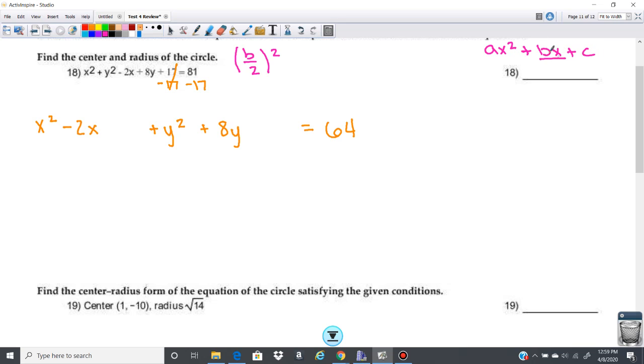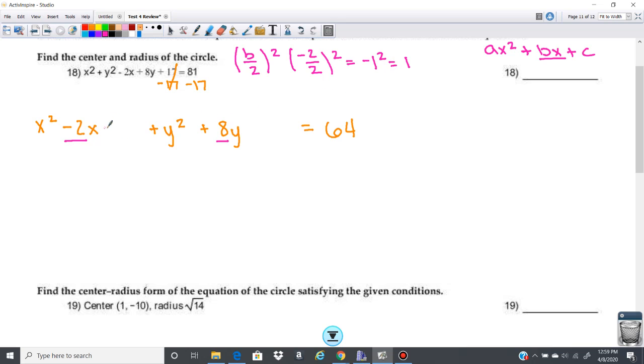So b is the term with the variable that is not squared. So we're looking at this for our b. So -2 and then also +8, because we're doing this twice. So I'm going to go -2 over 2, and then I'm going to square that. That's going to give me -1 squared, which gives me +1.